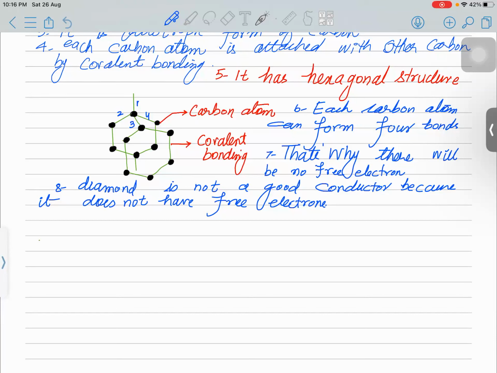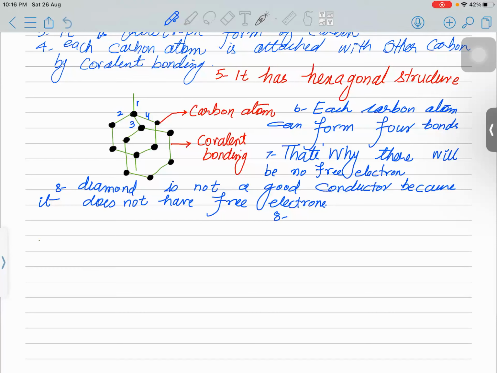Now next, can you tell me the melting point? Sir, the melting point would be very high. Yes, the melting point is very high, for the same reason.